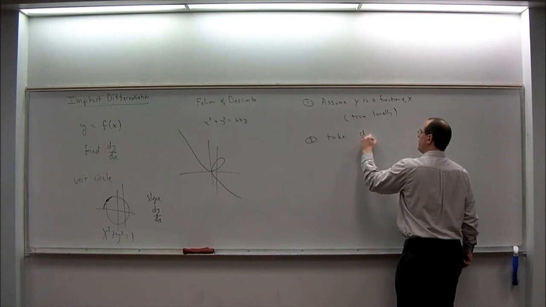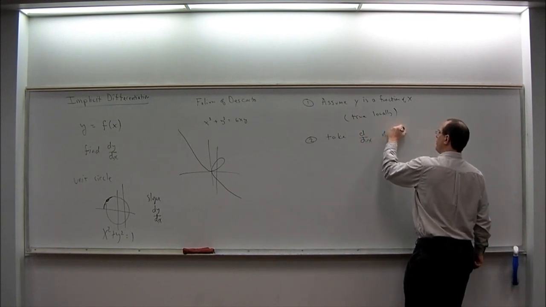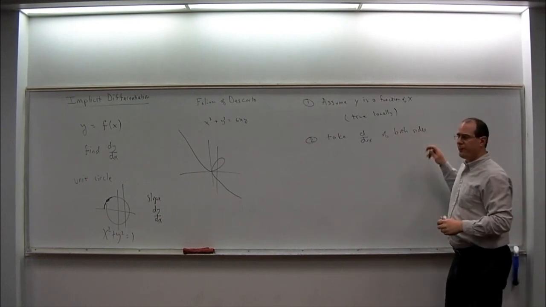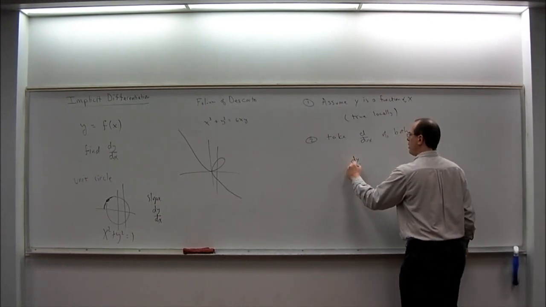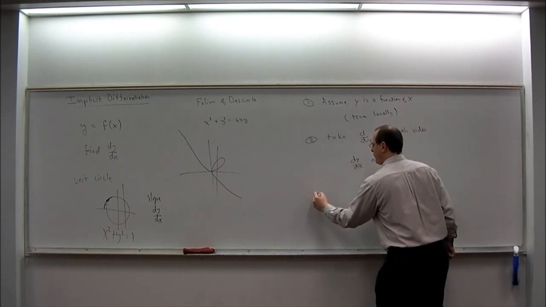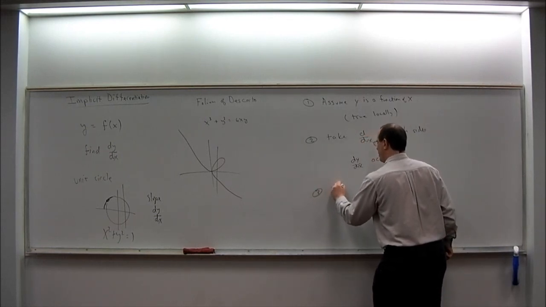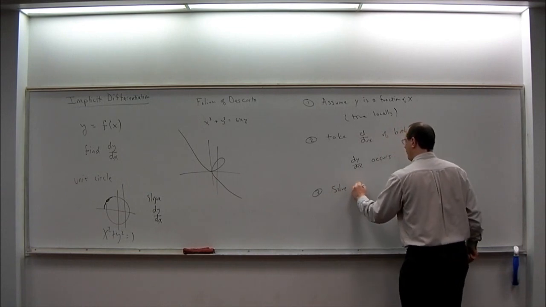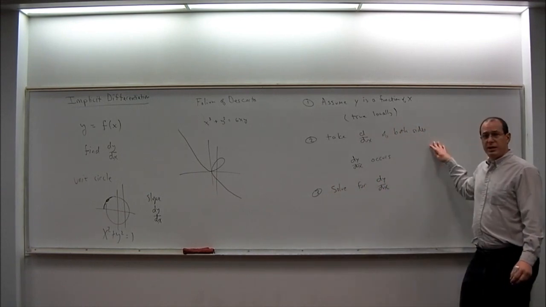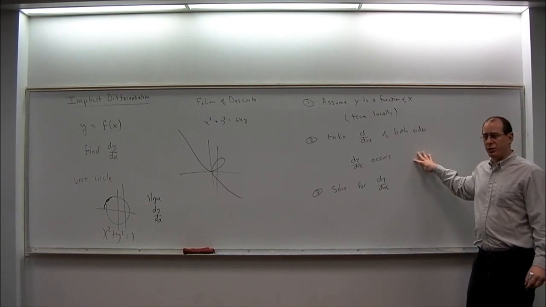So we'll take d over dx of both sides. And when we do step two, the expression dy dx will occur sometimes in more than one place. And that leads us to step three, which is to algebraically solve for the expression dy dx in the equation that results in step two.